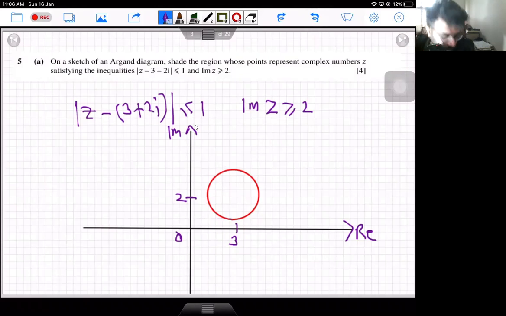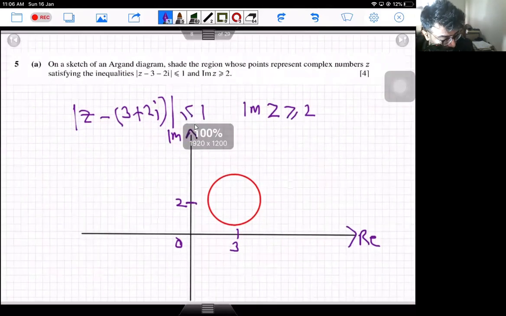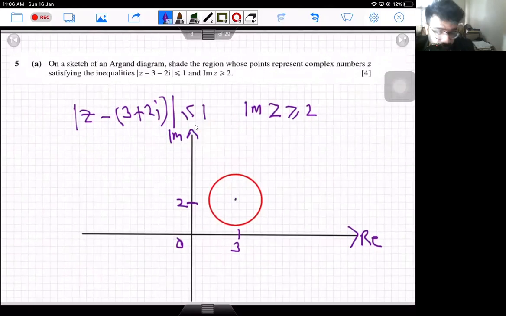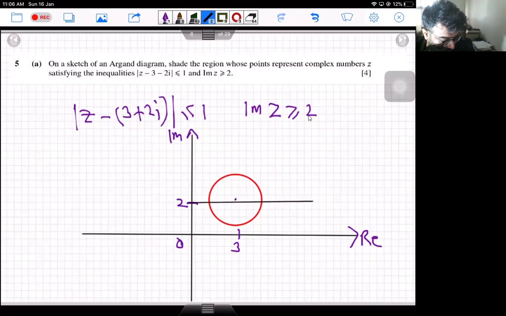Okay, so this is the center of the circle, 3 comma 2, and according to this inequality, the region inside the circle will be shaded, and then we have Im z is greater than or equal to 2. So what we are going to do is make a horizontal line, and this line will exactly pass through the center of the circle. Okay.